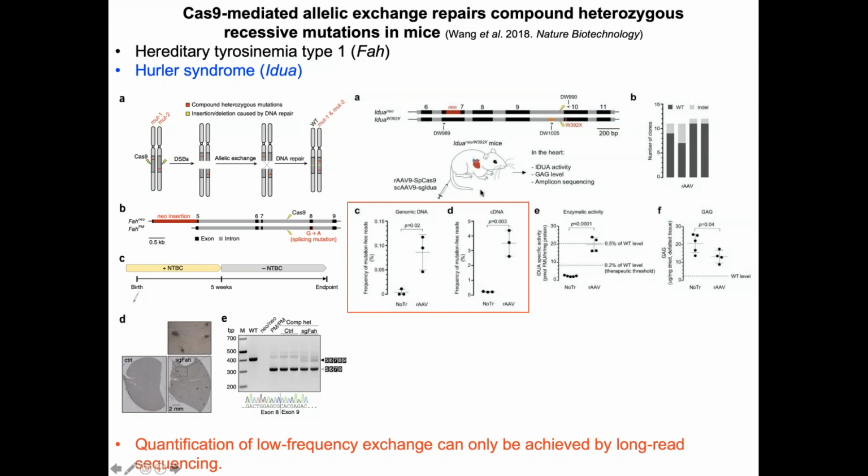After treatment with CRISPR-Cas9 targeting the IDUA gene, which is the gene mutated in Hurler syndrome, we see in mice and in the heart muscle that we can get about 0.1% mutation-free reads.